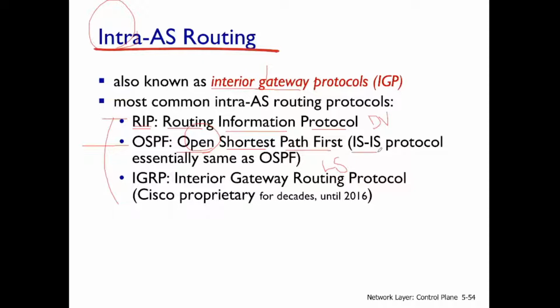To make sure that we credit the right people, OSPF is actually based on IS-IS. It's another routing protocol that was designed maybe three decades ago by early researchers for distributed system research as well as multiprocessor system research.